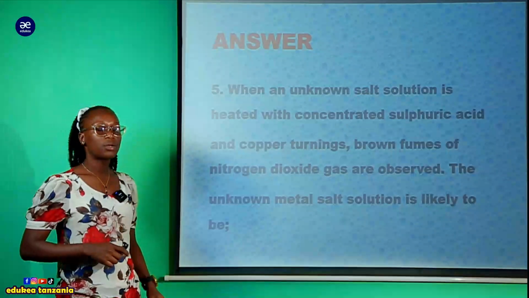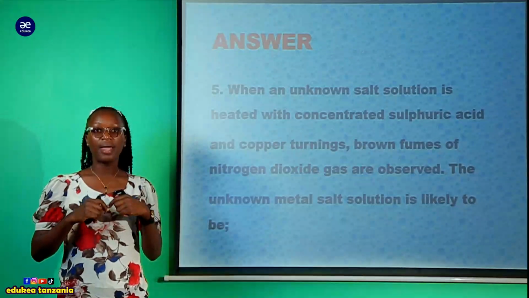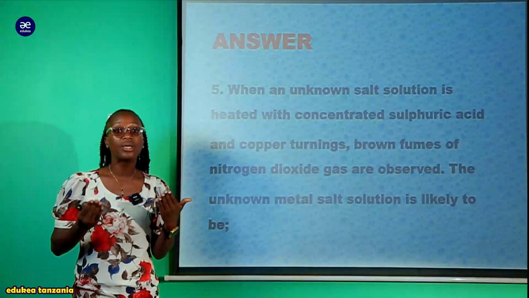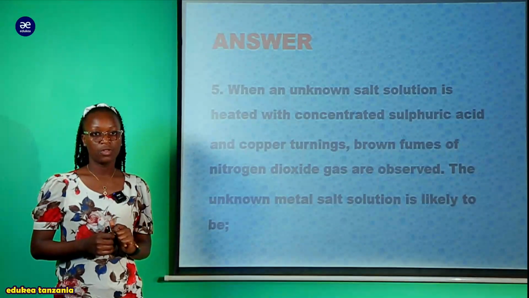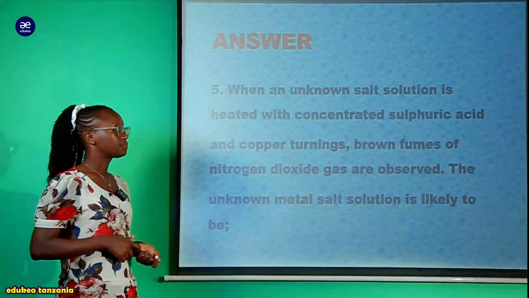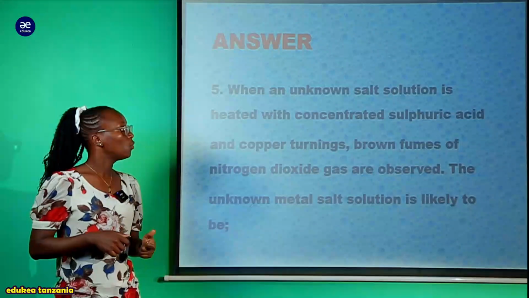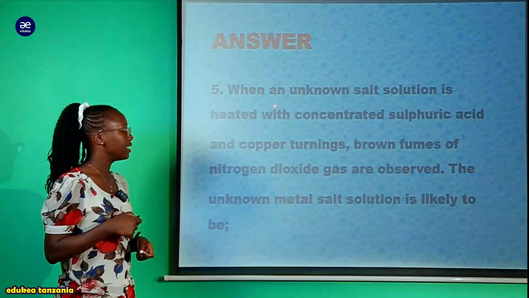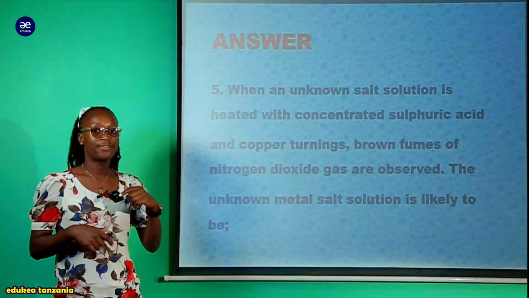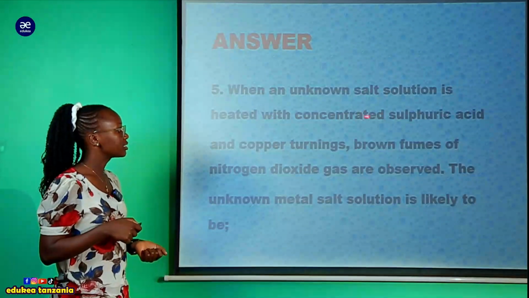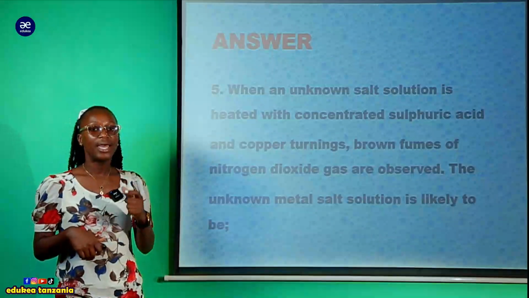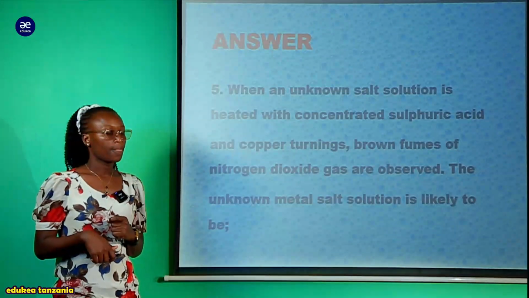Hii solution ambayo ilikuwa ni unknown salt. Tunaposema unknown salt ni chumvi ambayo ilikuwa haijulikani. Yaani hatuijui exactly kwamba ni chumvi gani. Ndio maana tukaita unknown. Anasema ilikuwa heated, ilifanywa combustion under this concentrated sulfuric acid and copper turnings.